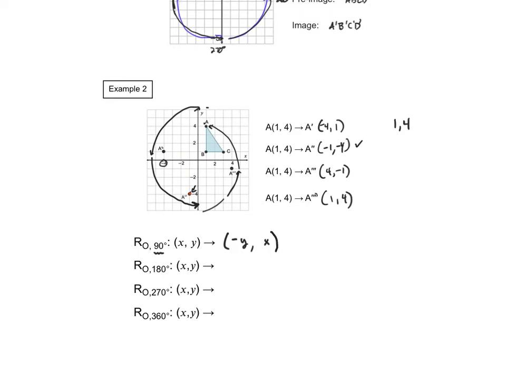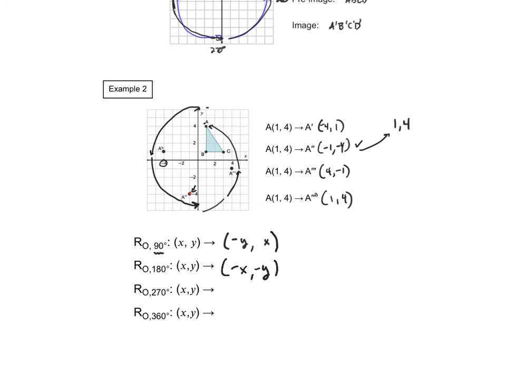And what happened? It looks like -1 was my original. X is the same, but is going to be a different sign. And then Y is going to be the same, but also a different sign.